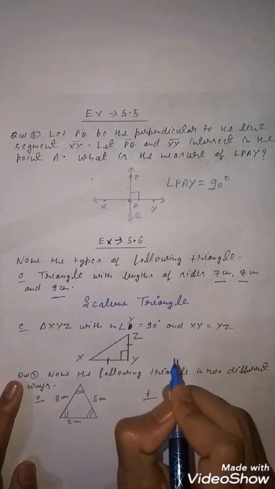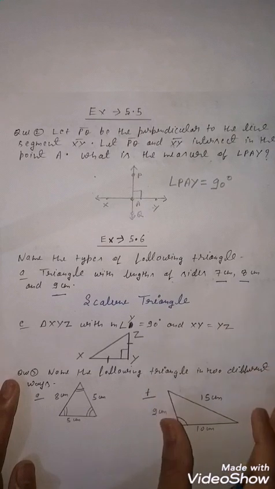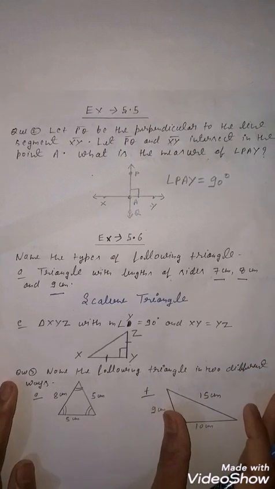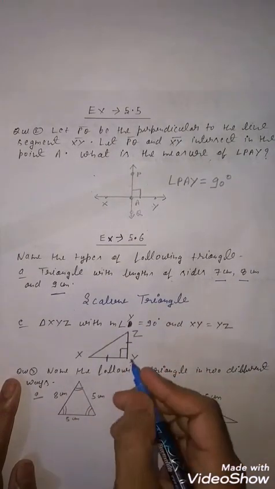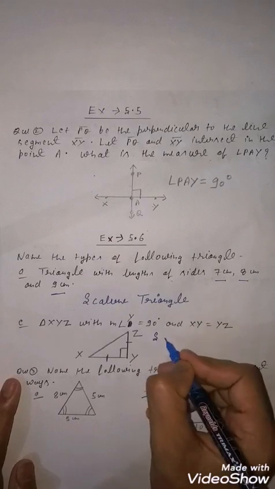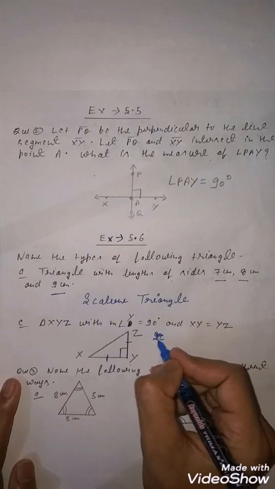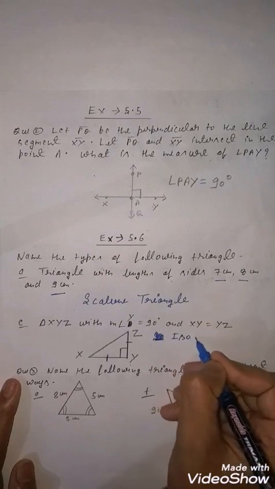So you know the property, if three sides are equal means equilateral triangle. If two sides equal means what? Isosceles triangle. Clear, students? And if no sides are equal means scalene triangle. You can write down this scalene. Sorry, this is what? Two sides are equal, so isosceles triangle.